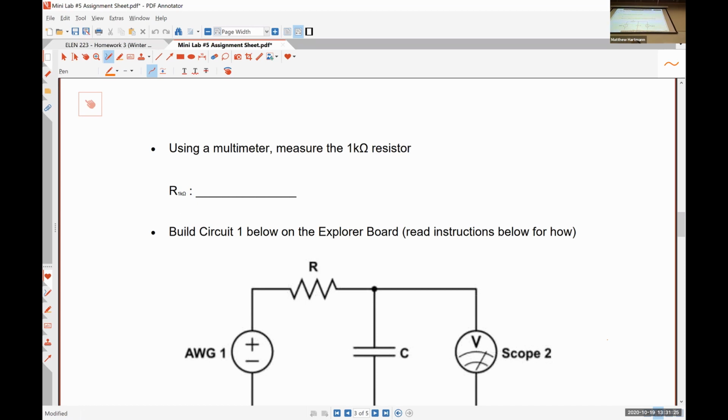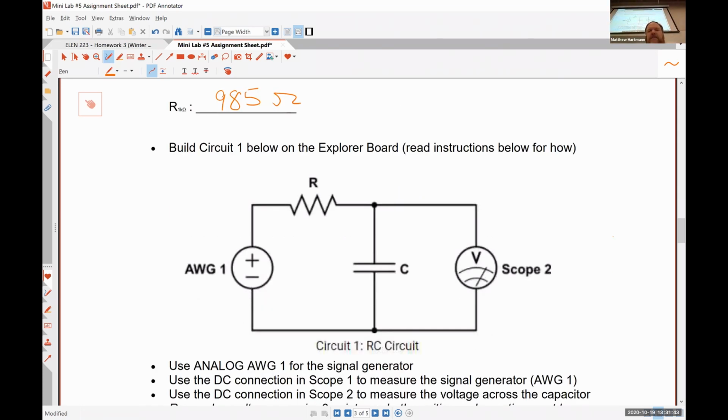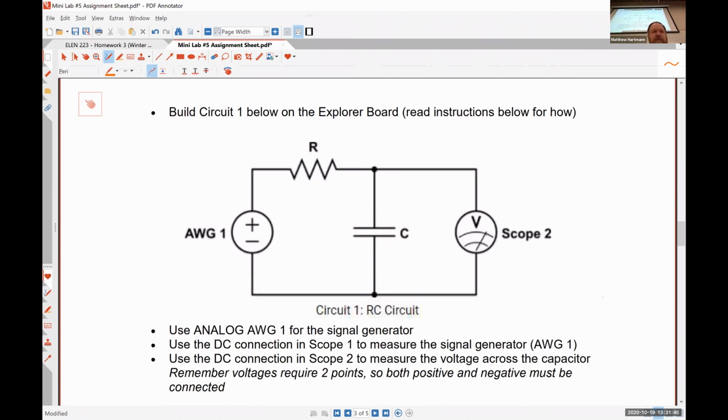So hopefully at this point, you guys don't need a demonstration of how to use a multimeter to measure a single resistance value. So we'll just put in 985 right there. And I've already got the circuit built. But let's talk about things real quick, the different components of this circuit. So obviously the resistor and the capacitor, that bit's fairly self-explanatory at this point.